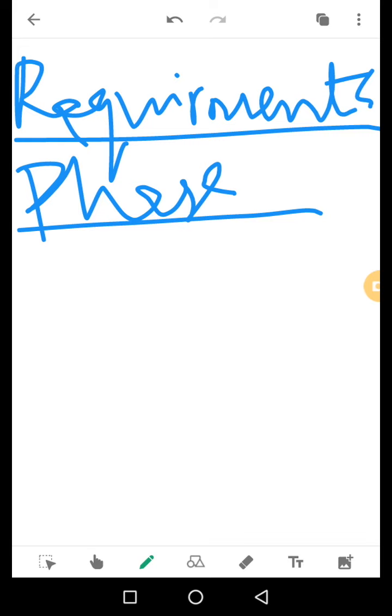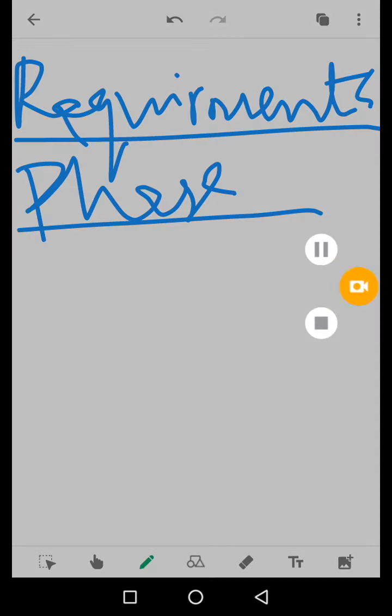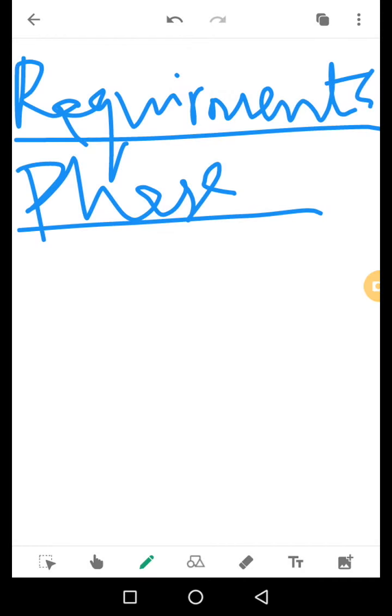Are you getting it now? Okay. So we are moving to the next branch of the requirement phase of software development, and this is requirement elicitation.